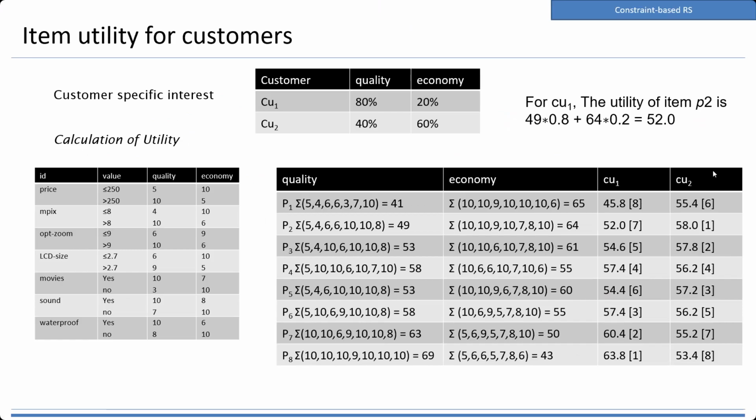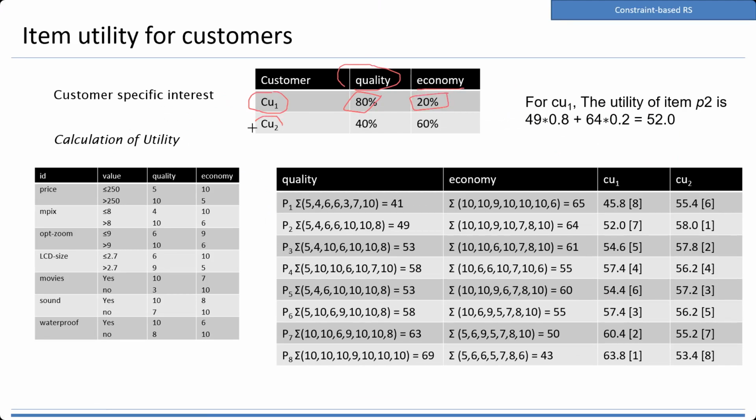For example, what is the customer specific interest? Customer one thinks, I want to have more quality than economy. I don't care about the price, but I still have some maximum price. So the quality is 80% and the economy is 20%.